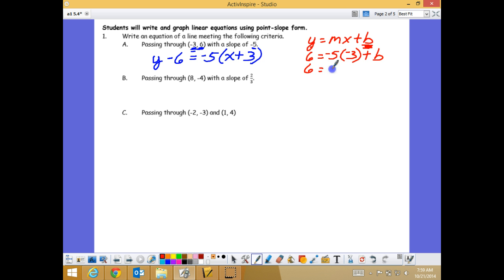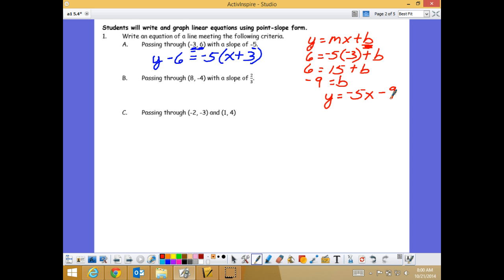So 6 is equal to 15 plus b, and I got 15 by taking negative 5 times negative 3. And then to solve for b, I subtracted 15 from both sides, so that's going to be negative 9. So the final equation for this line in slope-intercept form is y equals negative 5x minus 9.